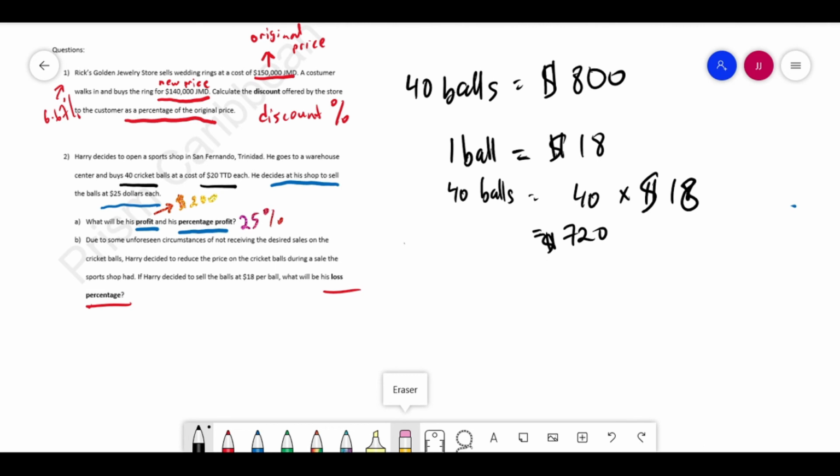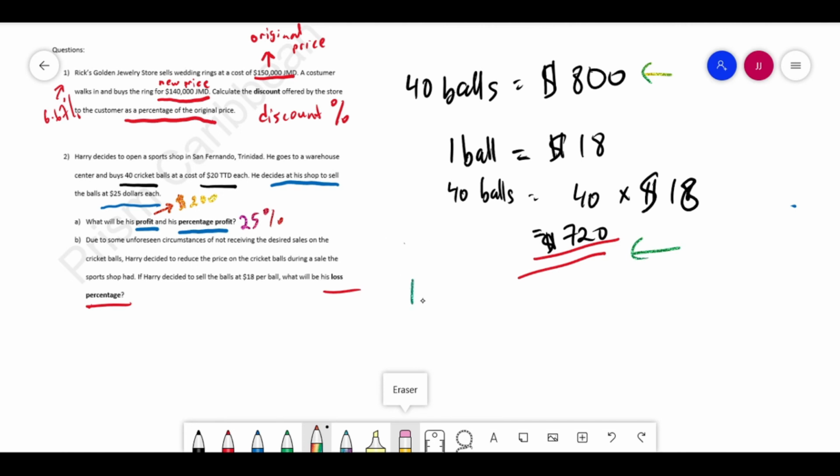This is the new price for all 40 balls, $720. And we can see now that this definitely was a loss. He paid $800 for it and sold all for $720. We can instantly see that there was a loss.